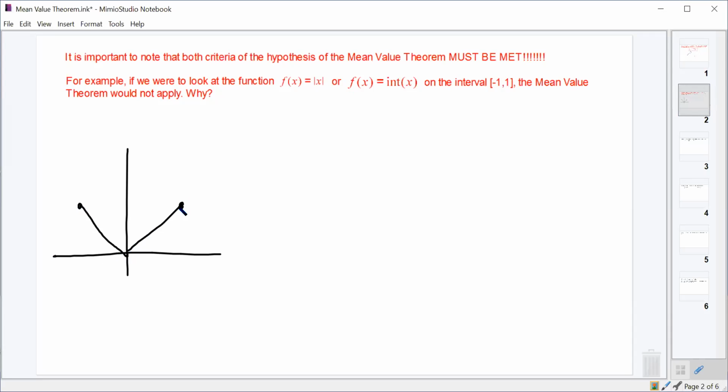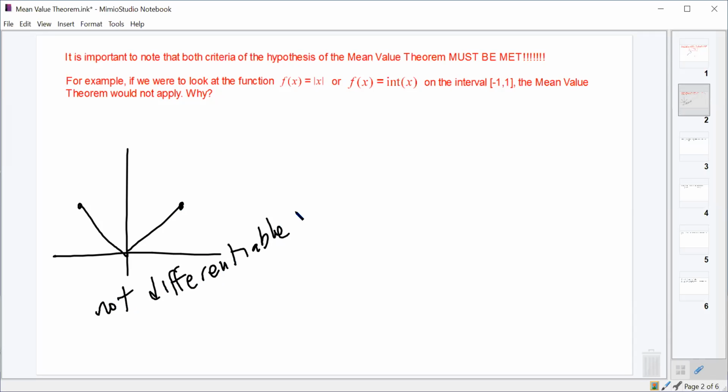Yes. Is it differentiable on the open interval from -1 to 1? No. For something to be differentiable on an interval, it has to be differentiable at every single point. In this case, at x equals 0 it's not differentiable, so this function is not differentiable on the interval from -1 to 1.